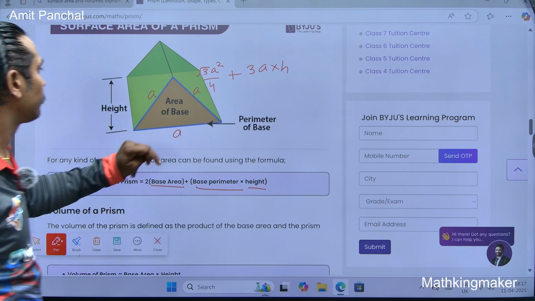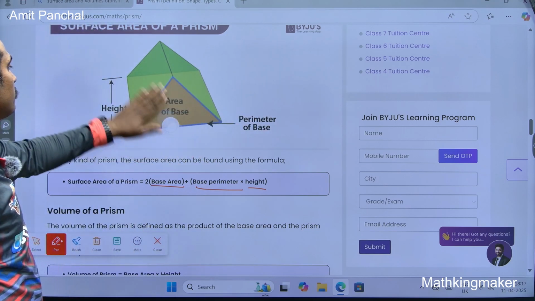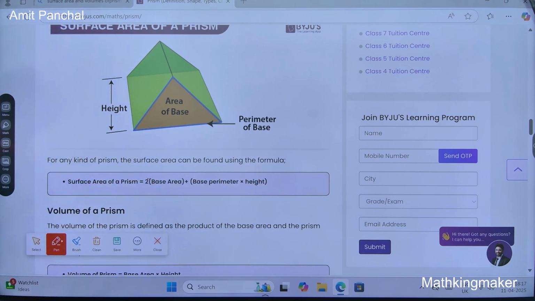So we'll see some questions. Please note down this formula.